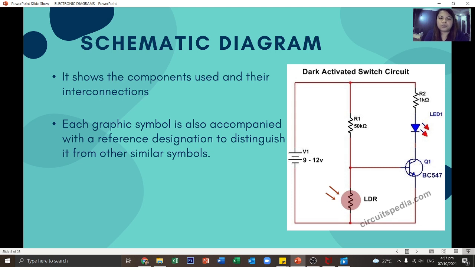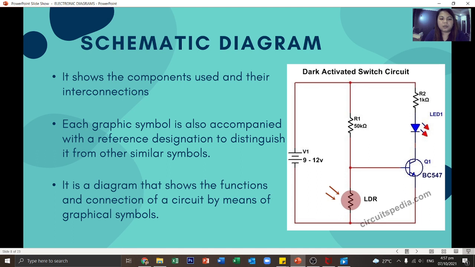Each graphic symbol is also accompanied with a reference designation to distinguish it from other similar symbols. As you can see, there are codes and values that are written in each component to differentiate each component from each other.